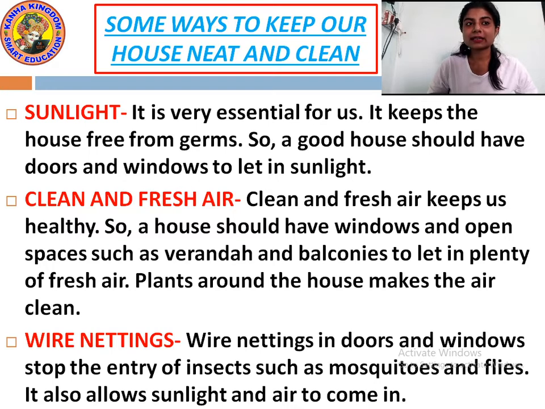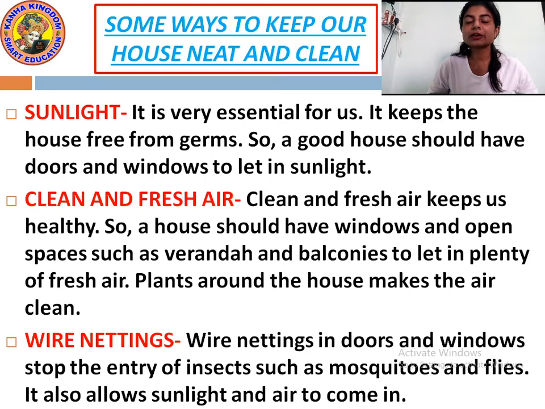Then wire nettings. What do you mean by wire netting? Wire netting in doors and windows stops the entry of insects such as mosquitoes and flies. It also allows sunlight and air to come in.